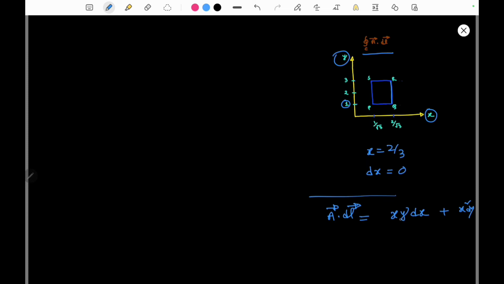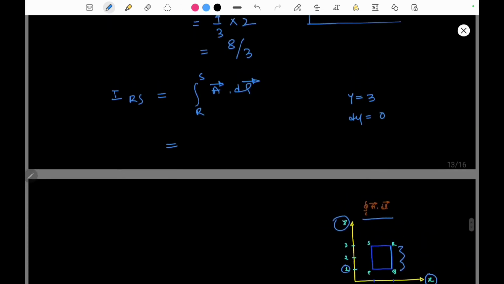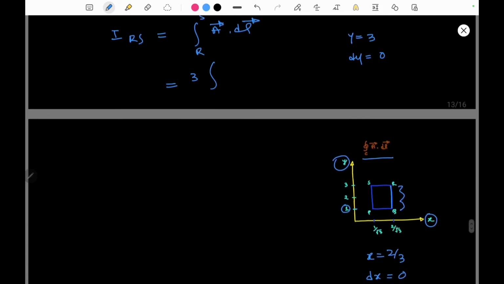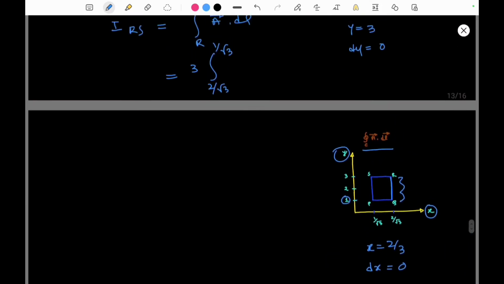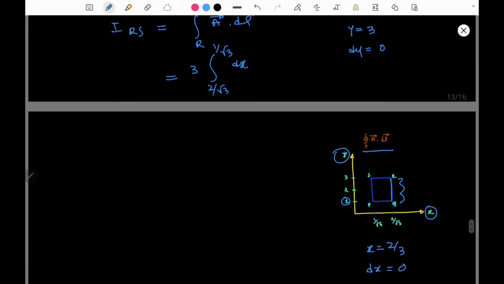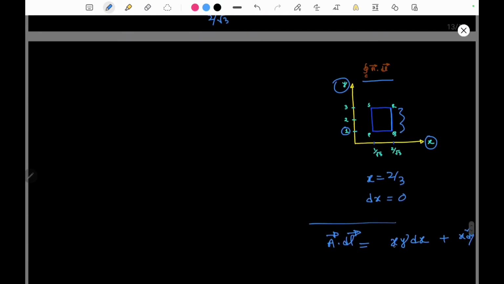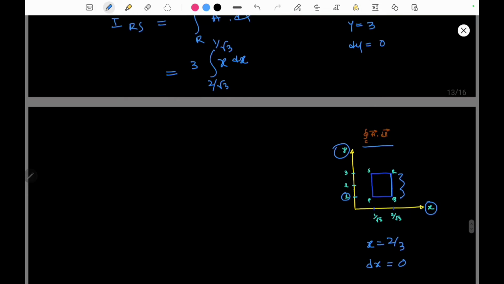Okay, y's value we are putting 3, so it will be 3 integration from R to S, so it will be 2 by root 3 to 1 by root 3, and here we will write this dx, and x is there, y's value we are putting here 3.